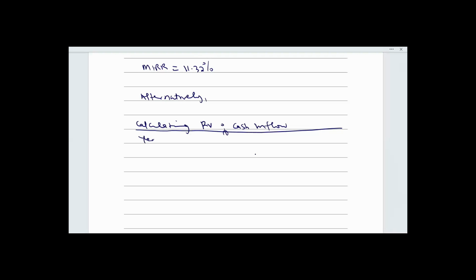So here, to save time, I'll just put cash flow, discount factor at 8%, then the PV. So for year 1, year 2, year 3, year 4, then year 5.